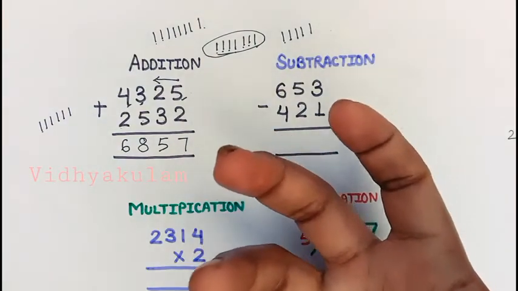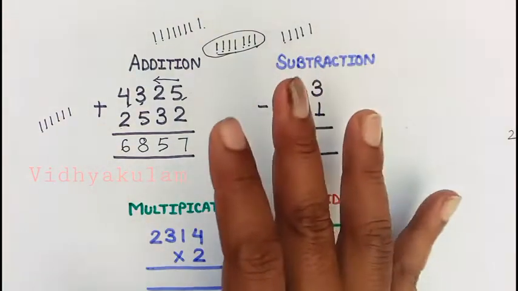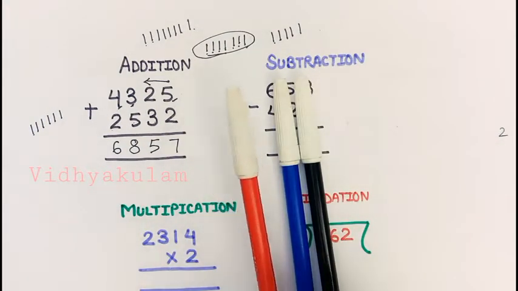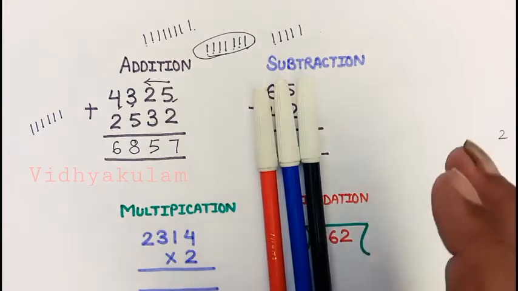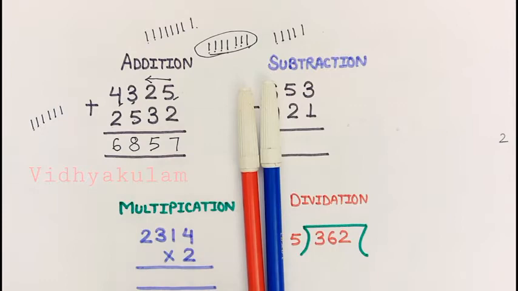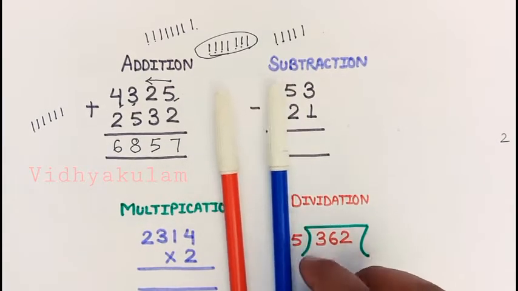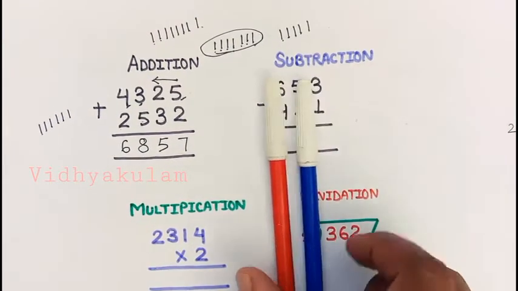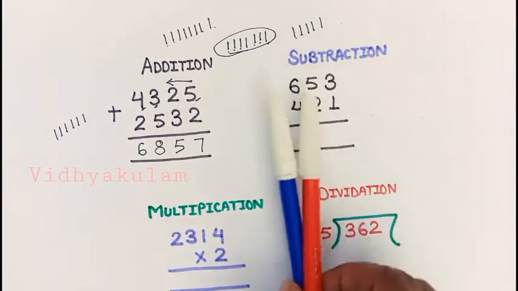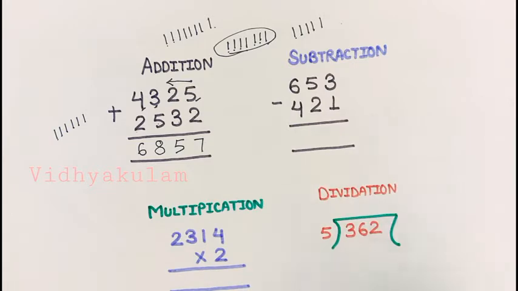So what is subtraction? Subtraction means to decrease. Suppose you have 3 sketches and your little brother took 1 sketch. Now tell me how many sketches you have. You told me, sir, I have only 2 sketches. This is called subtraction. Now let's see how to solve a subtraction question.